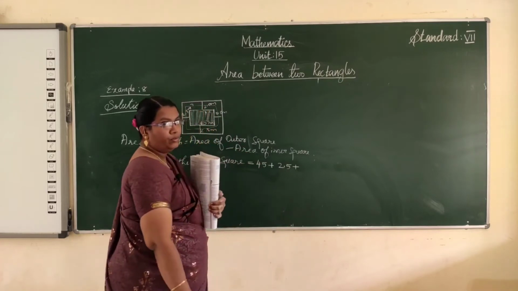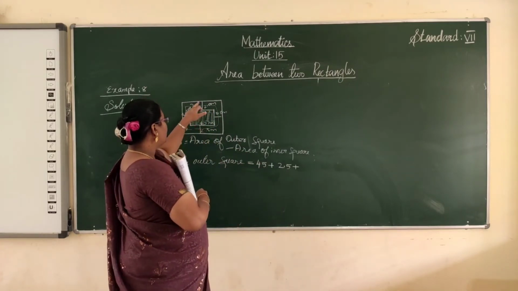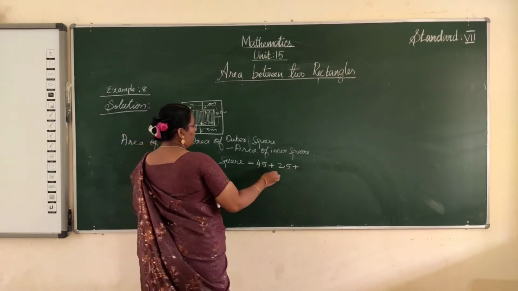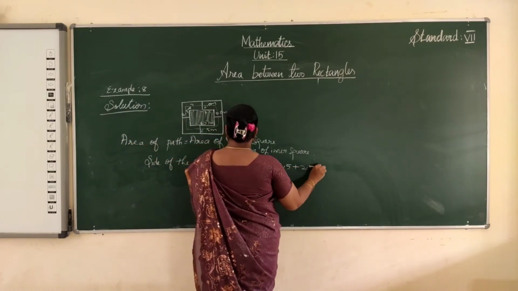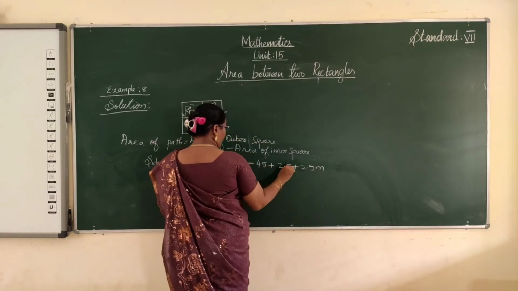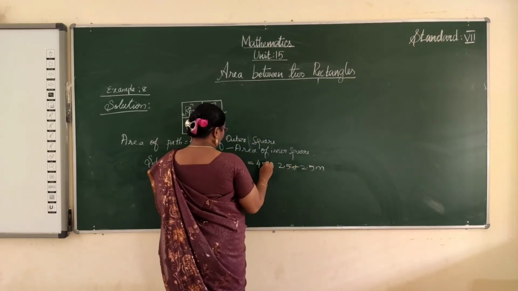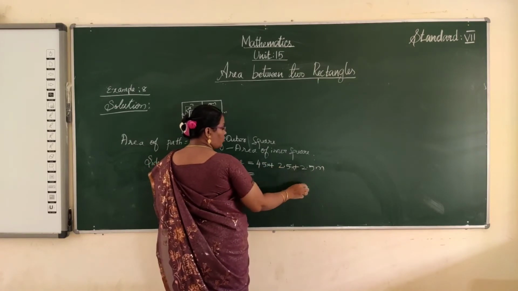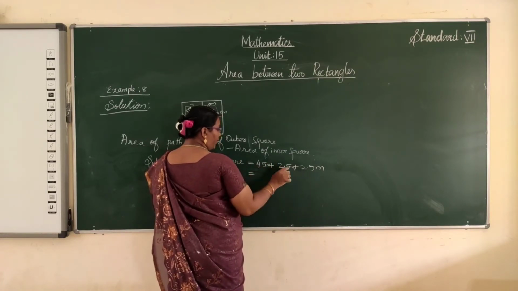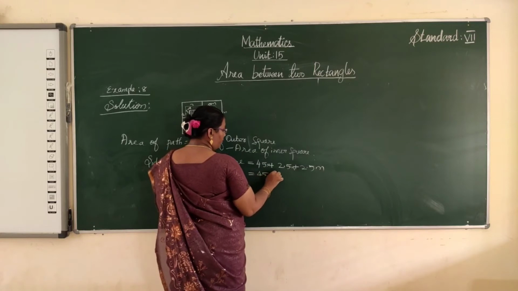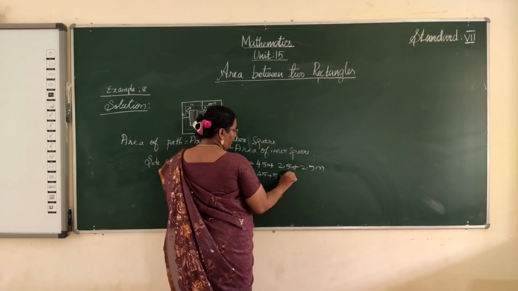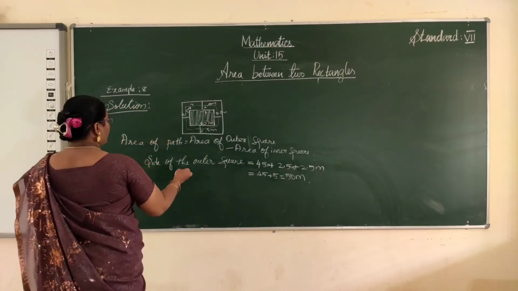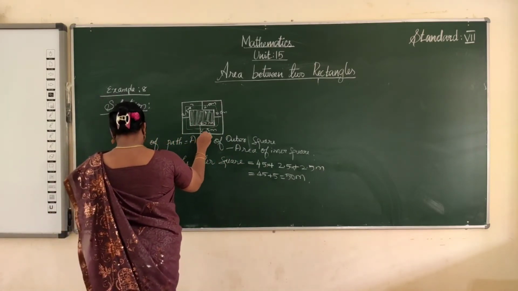Because the path is on both sides, here and here. So 2.5 plus 2.5 is 5, and 45 plus 5 is 50 meter. So the side of the outer square is 50 meter.